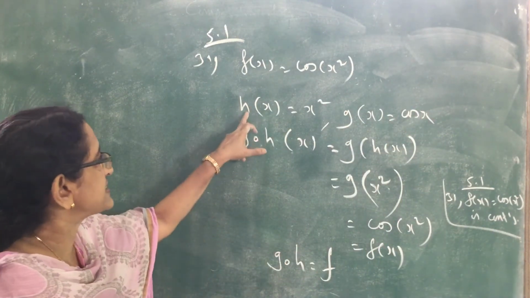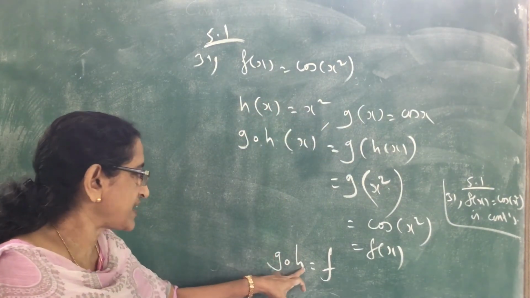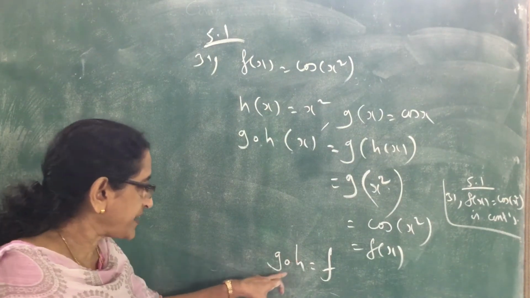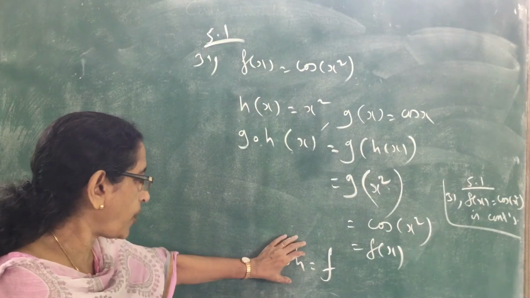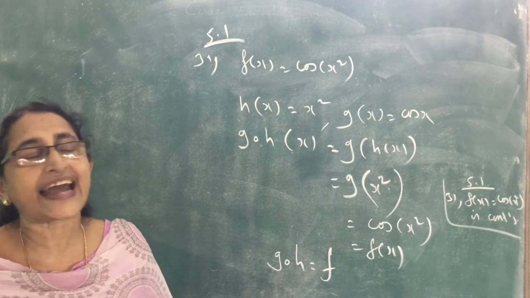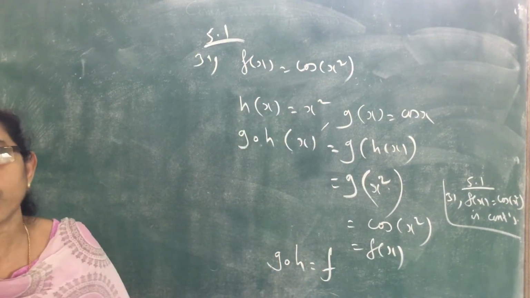So since h and g are continuous, their composition g composite h is also continuous. Since g composite h is same as f, f is also continuous. That is the way of proving that the function cos x square is continuous using the theorem.